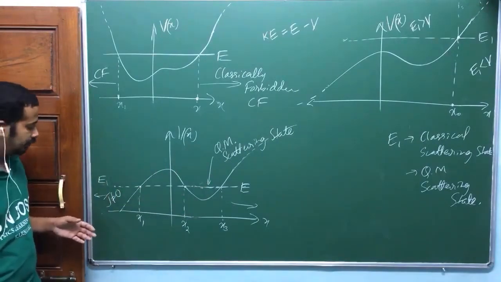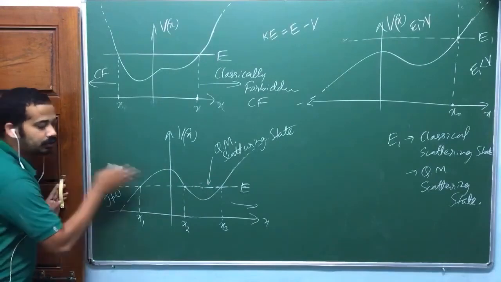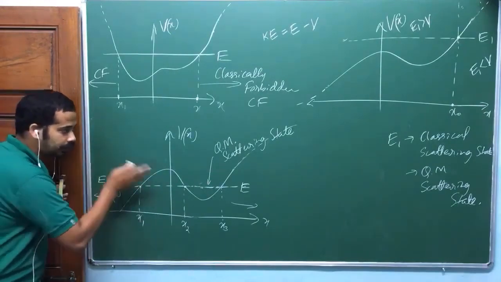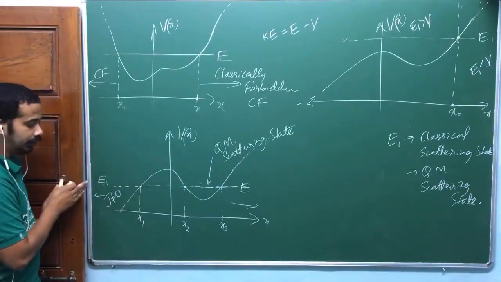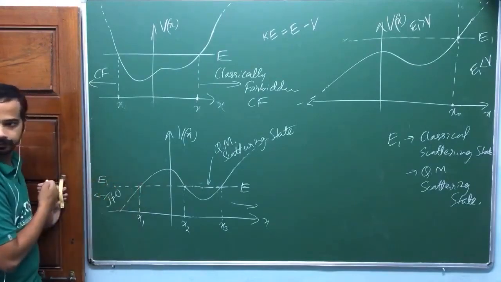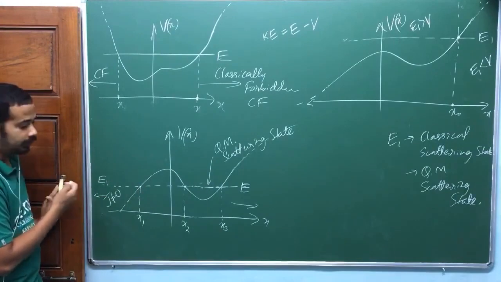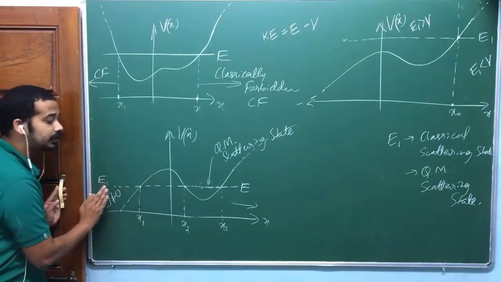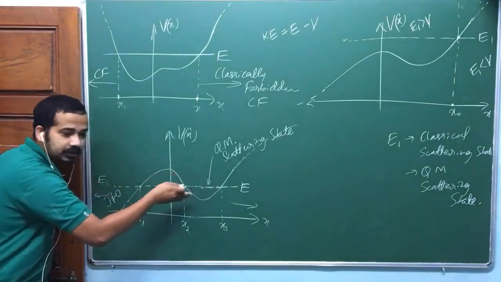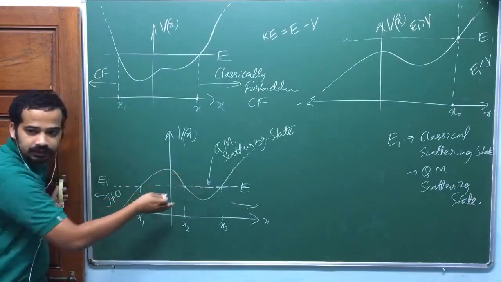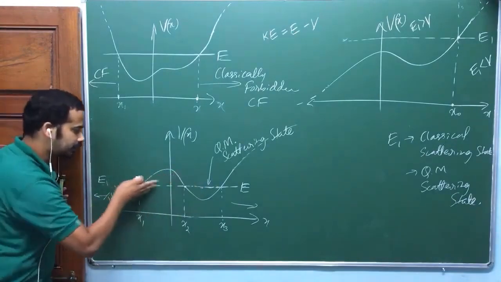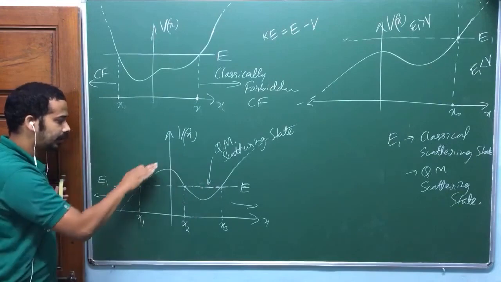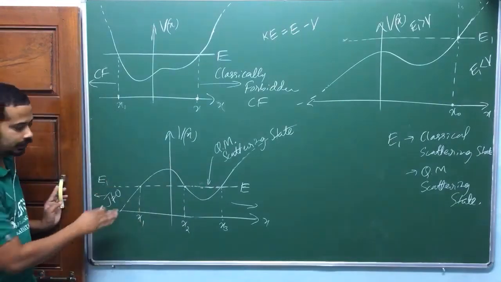It is there in Jetile as well as Griffiths. If the particle is shot towards this potential from minus infinity, quantum mechanically, the particle can reflect back as well as tunnel into this region. Classically it will not tunnel, isn't it? Classically it cannot cross this barrier. The barrier height is more than the energy.